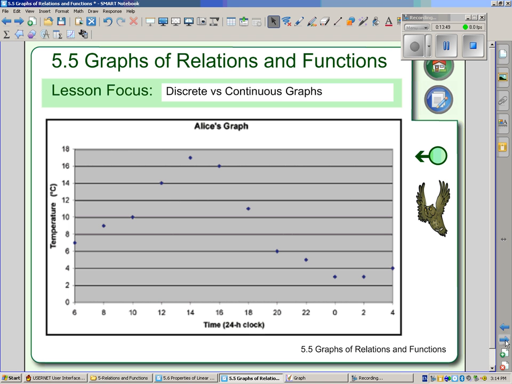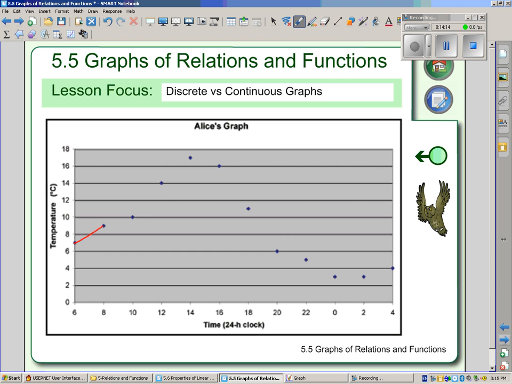So is there a continuum with temperature? Well, temperature is one of those things that although I go out and I clock the temperature and we find that it's 7 degrees Celsius, and we go back out at 8 o'clock and we find out it's 9 degrees Celsius, it didn't just jump from 7 to 9. Right? Temperature doesn't just jump. It has to continually increase.